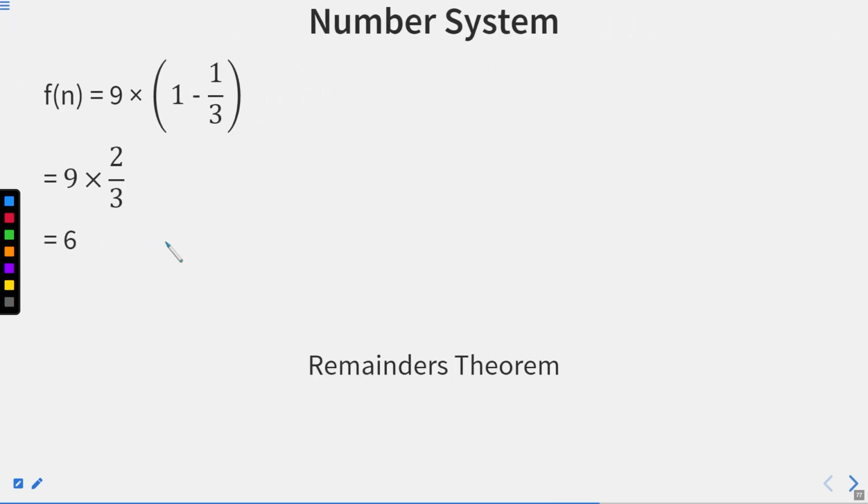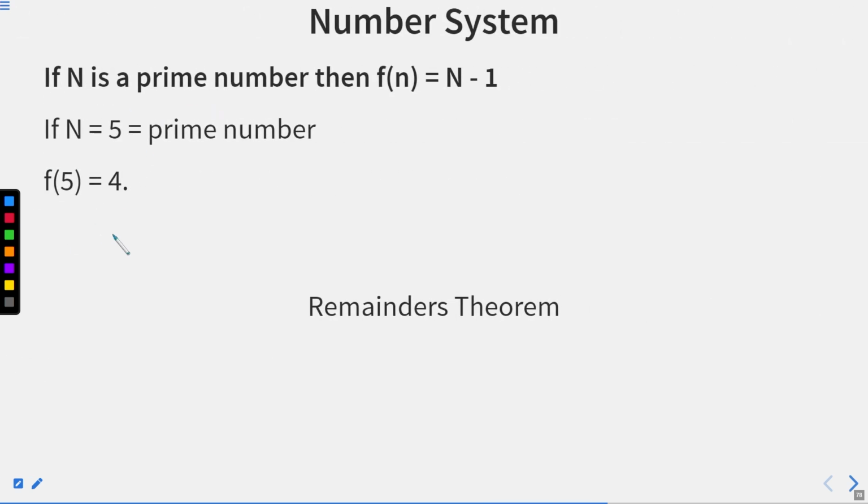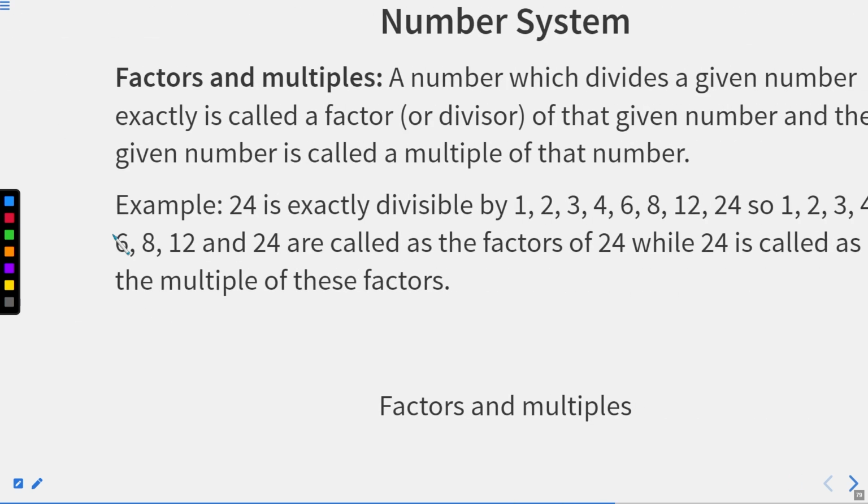So phi(n) will be equal to 9 into 1 minus 1 upon 3, and phi(n) will be 6. Or if n is prime, in that case you can directly compute the value of phi(n), and that is going to be n minus 1. So if you have value of n as 5, in that case phi(5) is going to be 4.